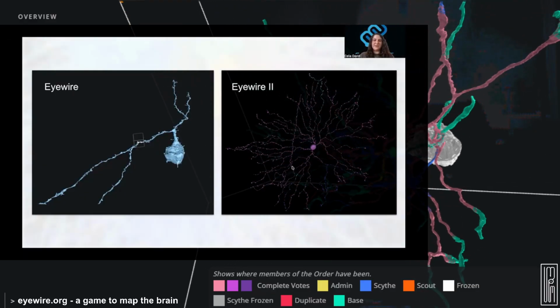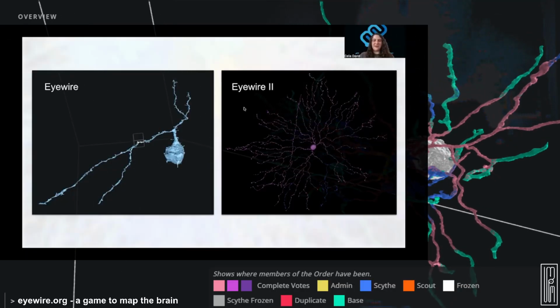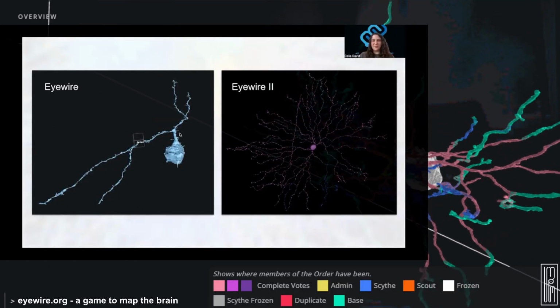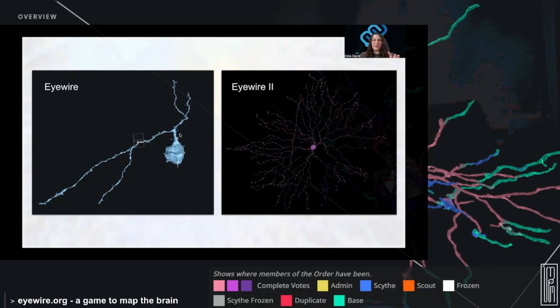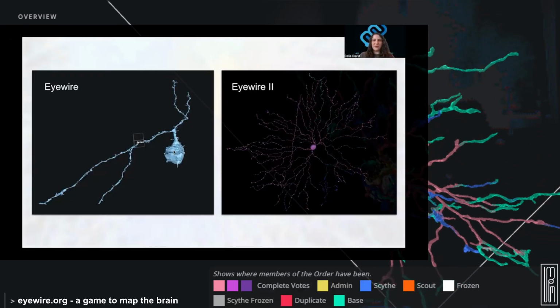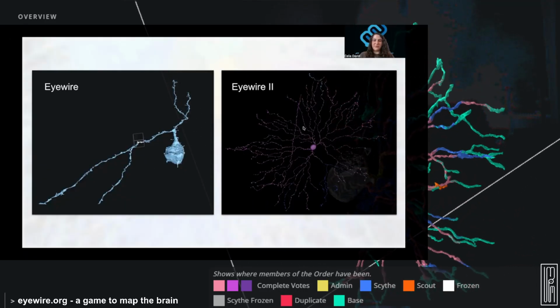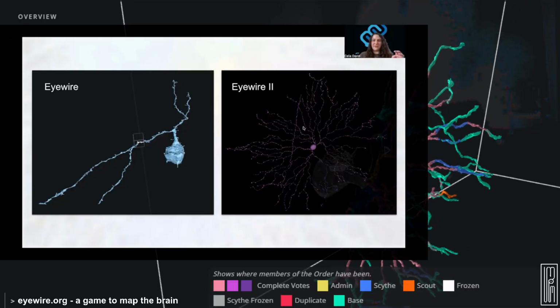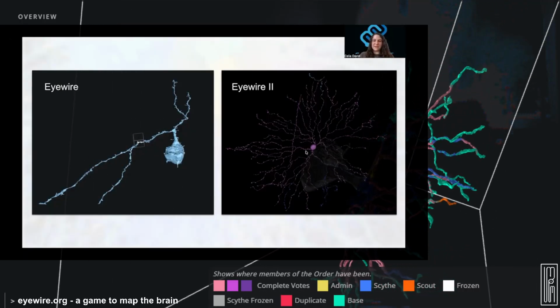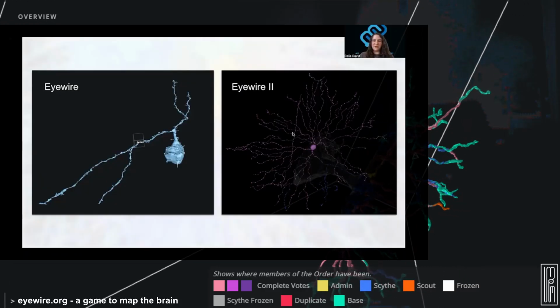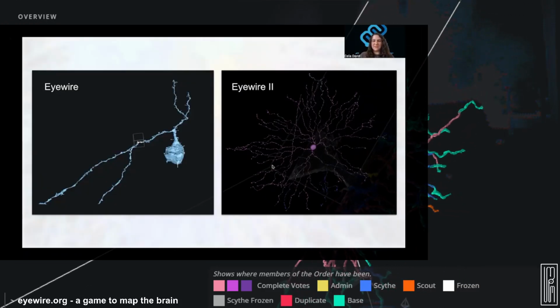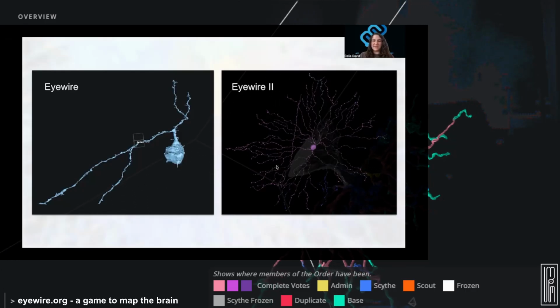So that is something that the cell, unlike EyeWire 1, where you're sort of building the cell out from the soma. In EyeWire 2, a lot of the cell is built, and you're doing both additive and removal activities. So in this cell, you would want to remove this merger that is here, and there might also be some smaller mergers that are less visible.